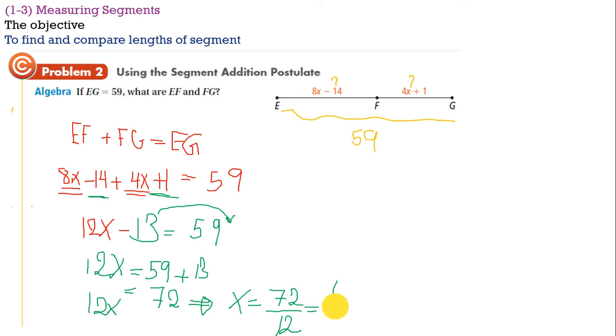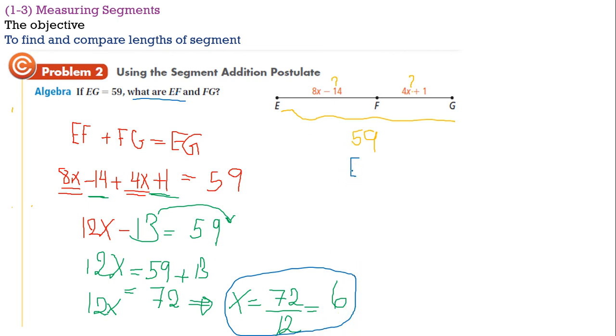Now, my question. Did you finish? Did you answer the question? The answer is no. You did not finish. We did not answer the question that we want. We want to find the lengths of EF and FG, and we just found x. So just go ahead and replace it in what you have.